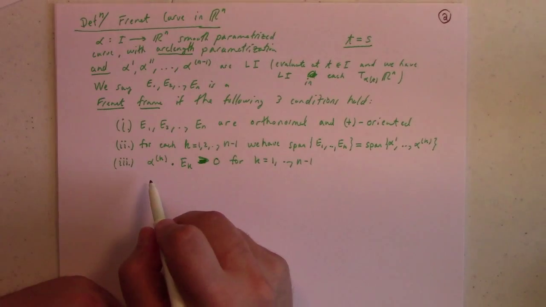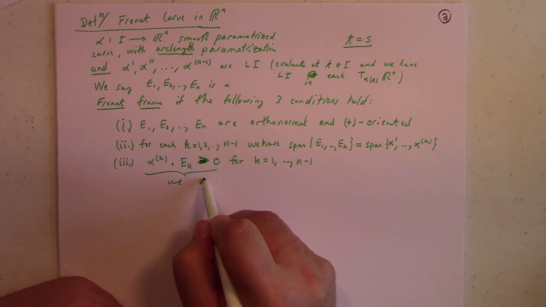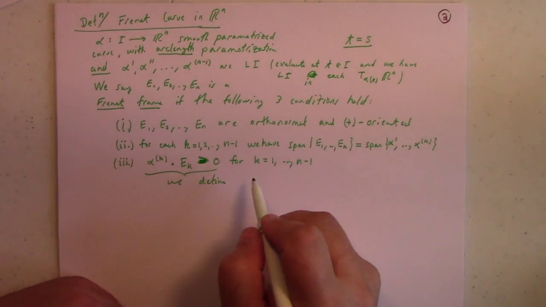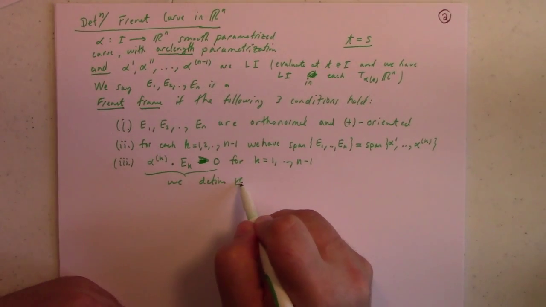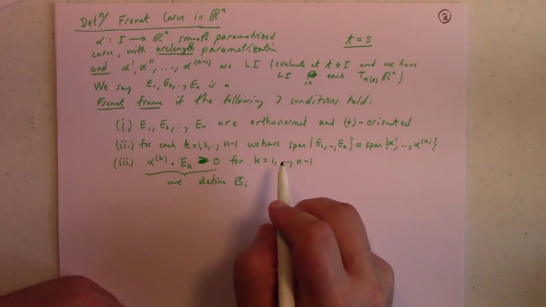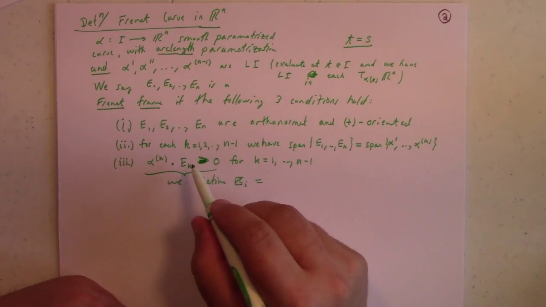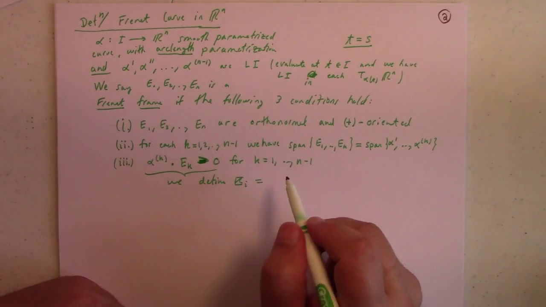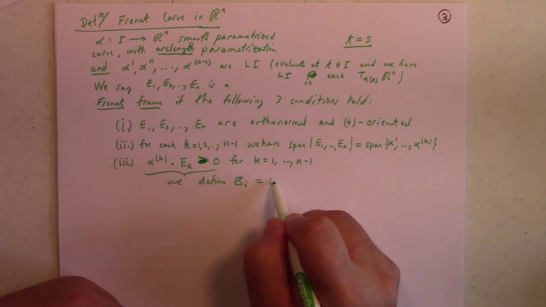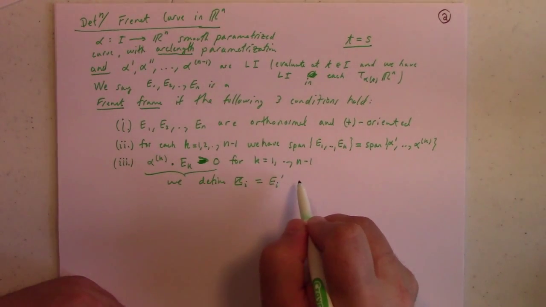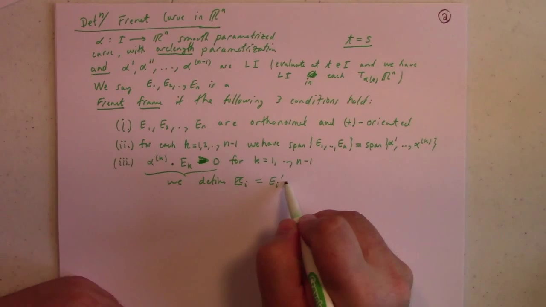So in particular, we define the ith curvature for such a Frenet frame to be equal to, well, okay, this is not the curvature, but it's related to the curvature. The curvature is actually Ei prime. So I'm getting ahead of the story a little bit here.